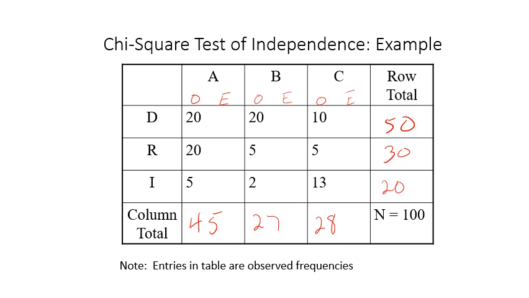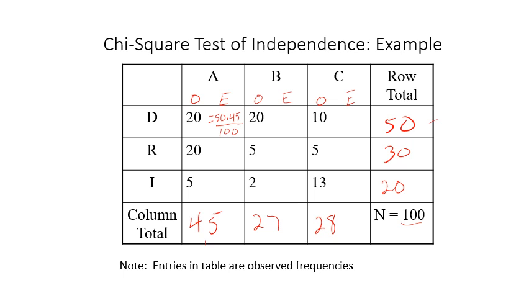The expected value for Democrat that voted for candidate A is going to be equal to 50, that's the row total, times 45, that's the column total, divided by n, which is 100. And you actually get a value there of 22.5, which you'll see on the next slide. But that's how you would calculate the expected. And you would do that for every single cell.